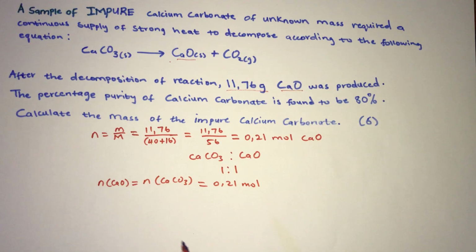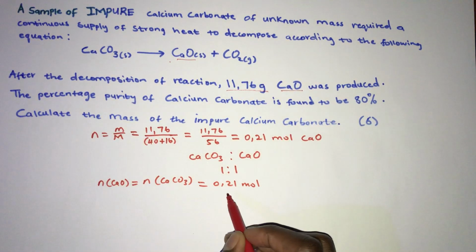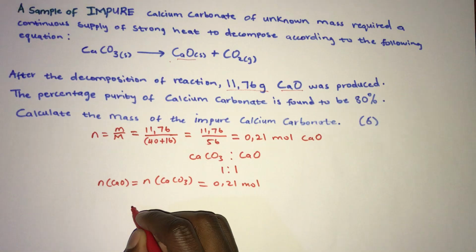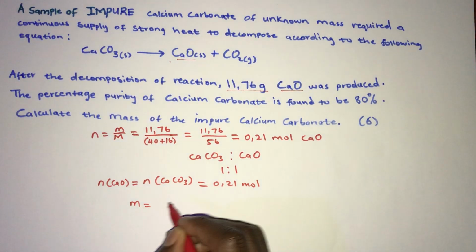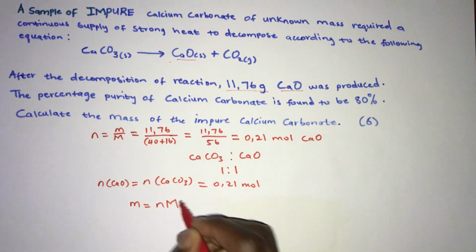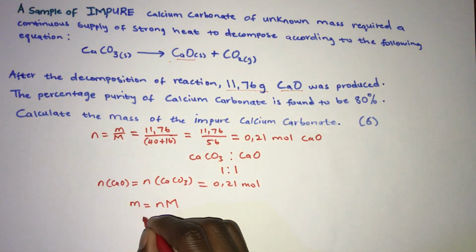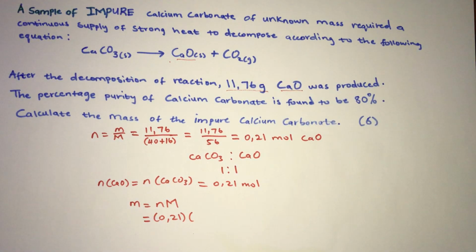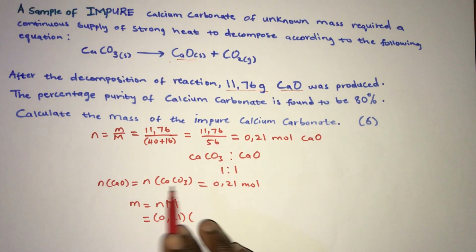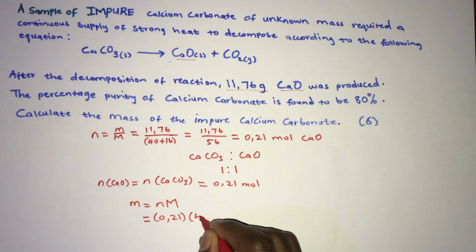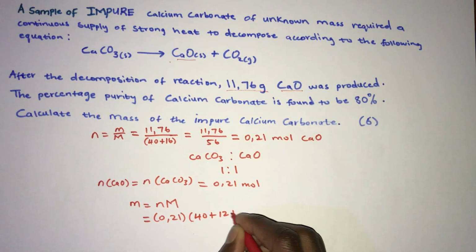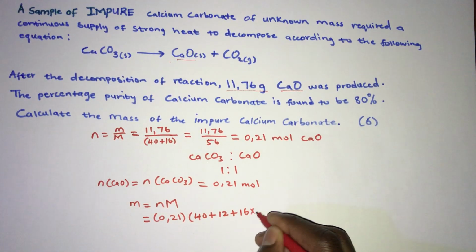Since we now have the number of moles of the calcium carbonate as 0.21, we must calculate the mass of calcium carbonate. The mass is equal to number of moles multiplied by the molar mass. The number of moles is 0.21, and the molar mass of calcium carbonate: calcium is 40 plus carbon is 12 plus oxygen, that is 16 times 3.